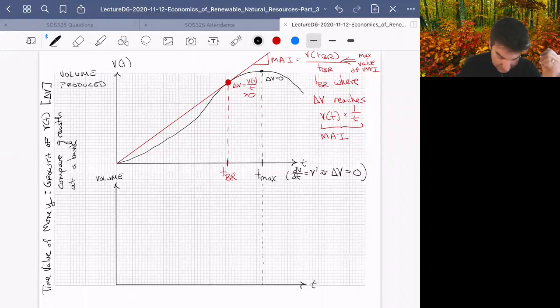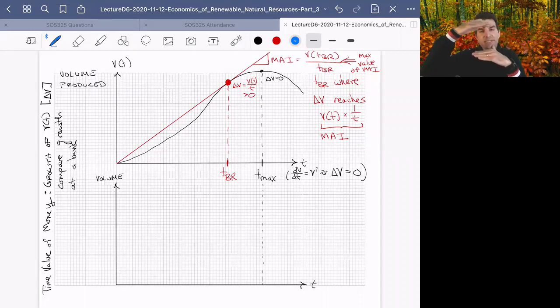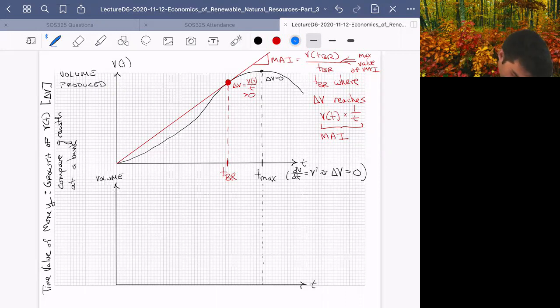Okay, and then maybe I'll use a light blue for this. I'm going to try to draw the exact same shape of VT, but I'm just going to squeeze it so that it doesn't get as high. And so it'll still hopefully reach that T max at that point there. So if I redraw that line, it reaches a max and then comes down and declines, then I'm going to call this R times VT.